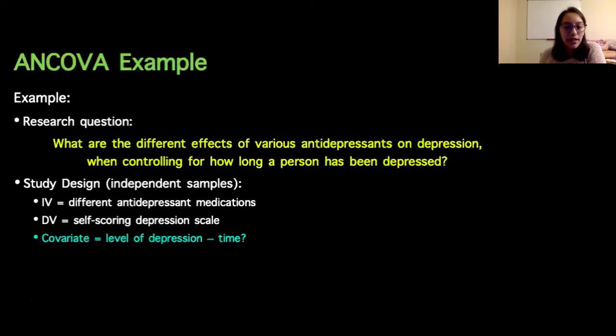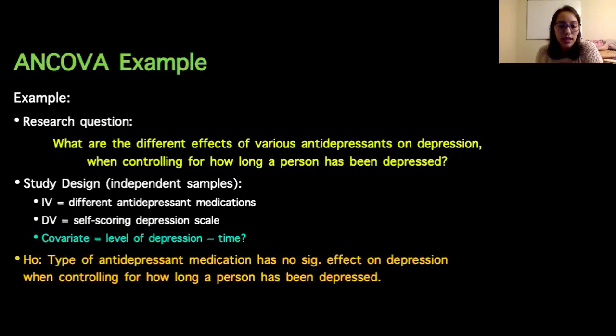So ANCOVAs are nice because we can account for measurable extraneous variables. So maybe a person's level of depression or how long they've been depressed might affect the effectiveness of the medication, right? So in this case, we could say the time that a person's been depressed could be considered a covariate.